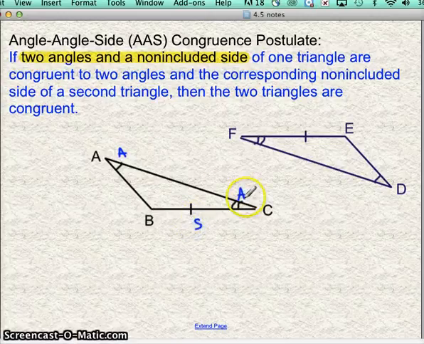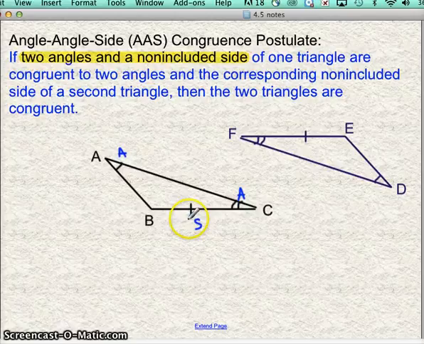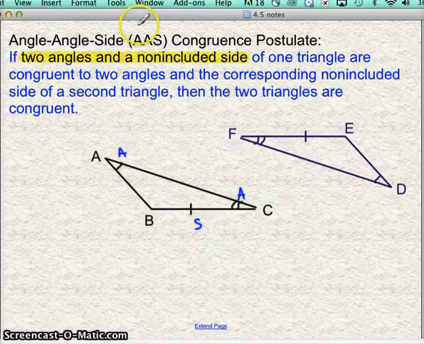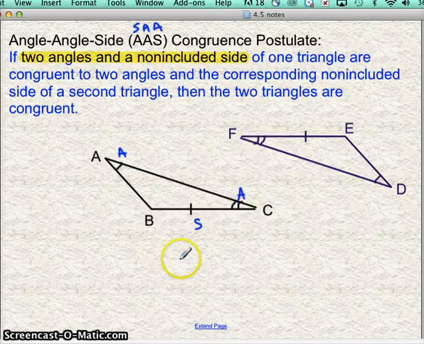That's why it's angle, angle, then side. Or I could go side, then angle, then angle. I could write this as side, angle, angle. That'd be okay. It's the same, just backwards.